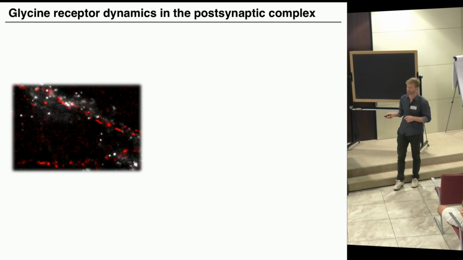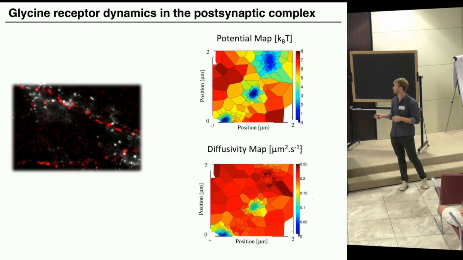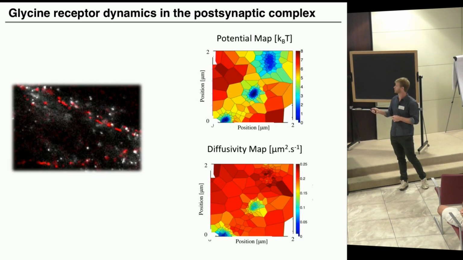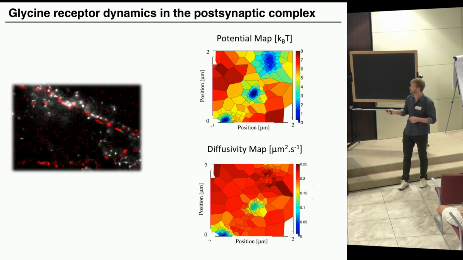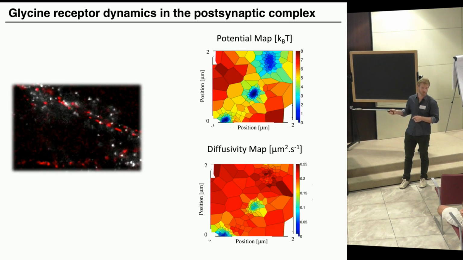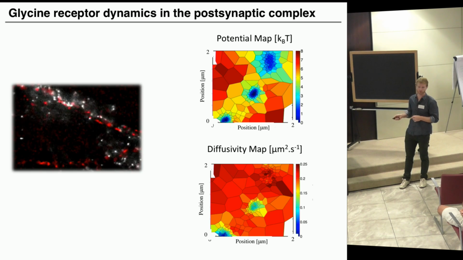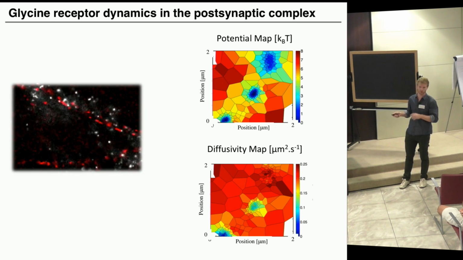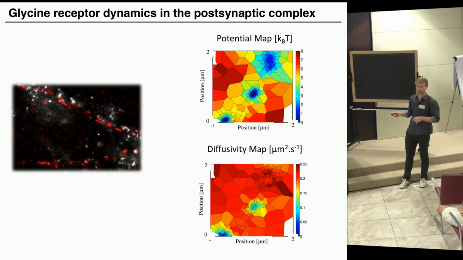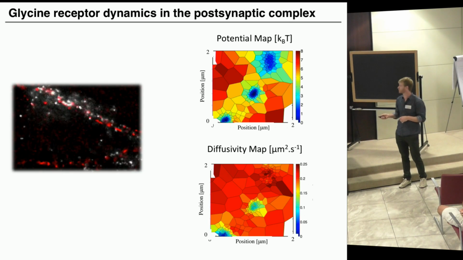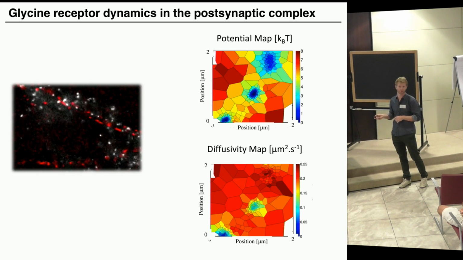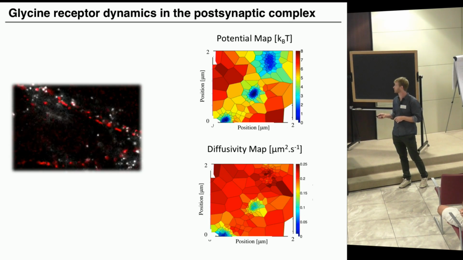The white dots are the glycine molecules. And we get maps like this: potential map, diffusivity map, and we can see these potential wells. We can also see that we can have different diffusivity wells as well. This depends on the specifics of the molecules.